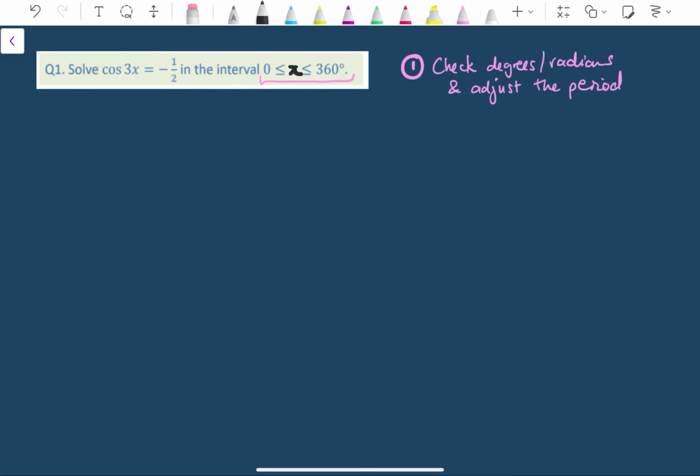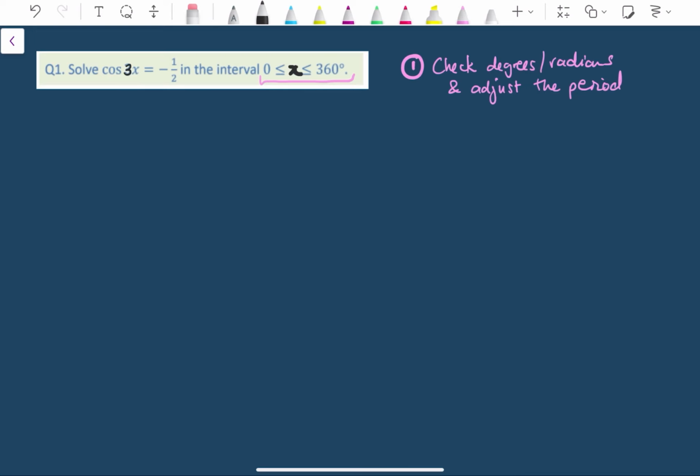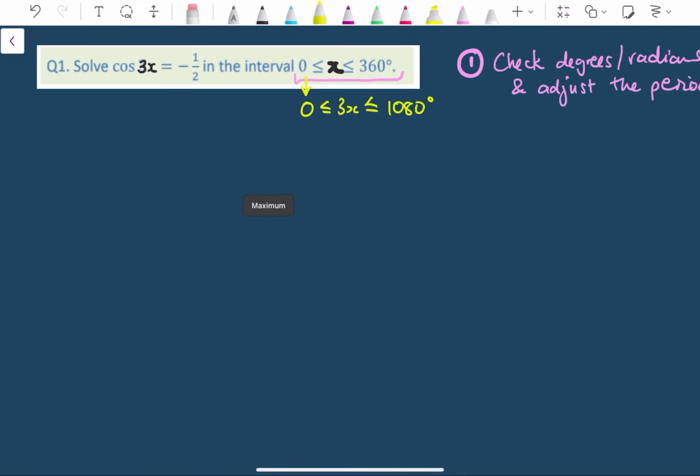And when I look at question 1, which says solve cos of 3x, well, in this case, I want to solve 3x, so I'm going to do a little trick. I'm going to multiply that by 3, so I'll still get 0, and then x times 3 will give me my 3x. And when I multiply 360, I'm going to get 1080 degrees.